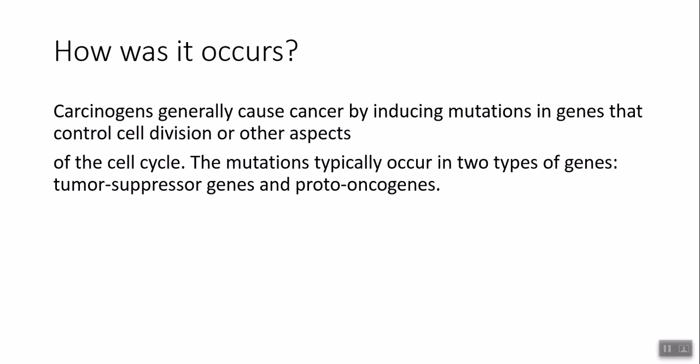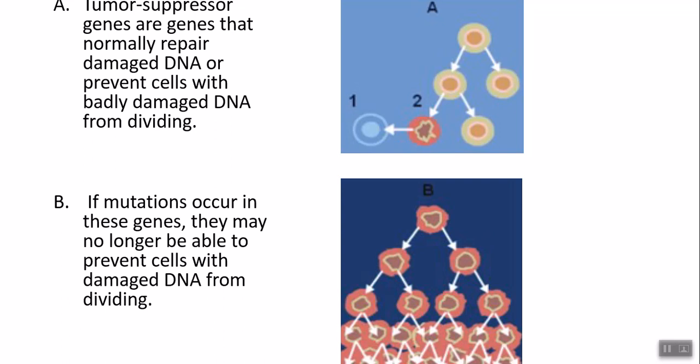So there are 2 types of genes that control abnormal cell division. The tumor suppressor genes can repair the DNA damage or prevent cells with badly damaged DNA from dividing.